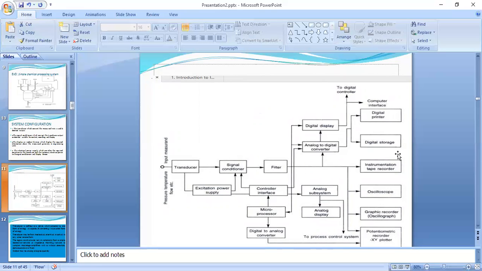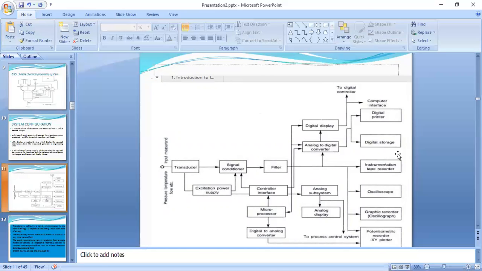So here, let us consider the input measurement with the help of some excitation power supply. Then the transducer output moves to the signal conditioner. The signal is filtered by some filter. Then it moves to the instrumentation tape recorder. So the instrumentation tape recorder is the output form.